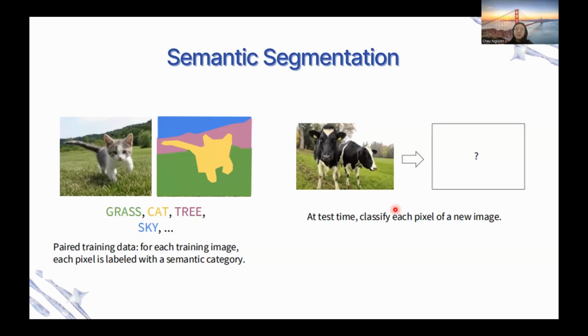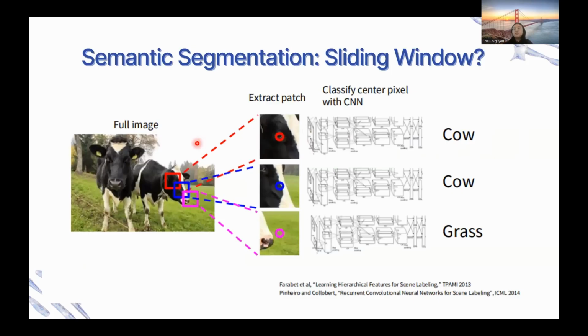And then we hope that during testing time, when given a new image, it'll be able to produce the same mask with the same level of definition. Given that we have so many things to process, one technique that people explored before is the sliding window approach, which is to classify each pixel using a local image patch.